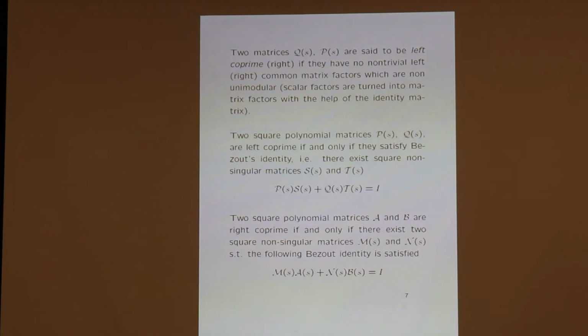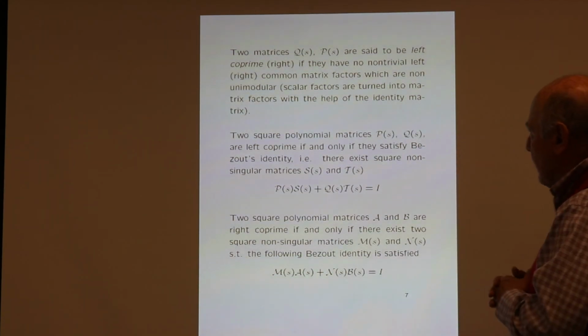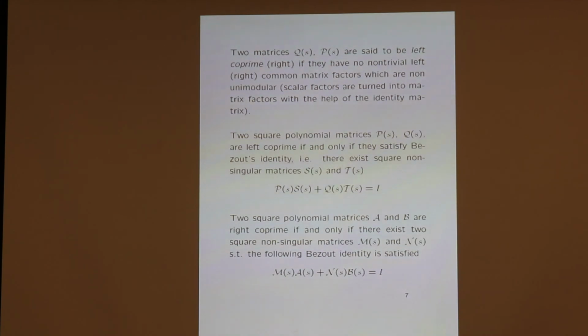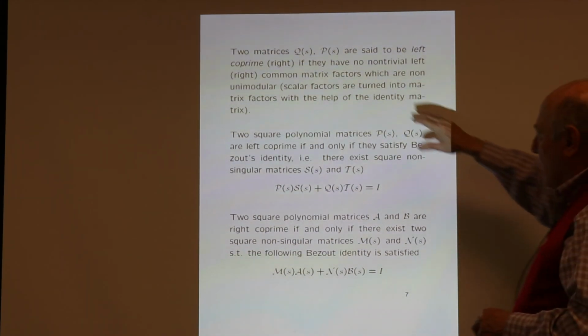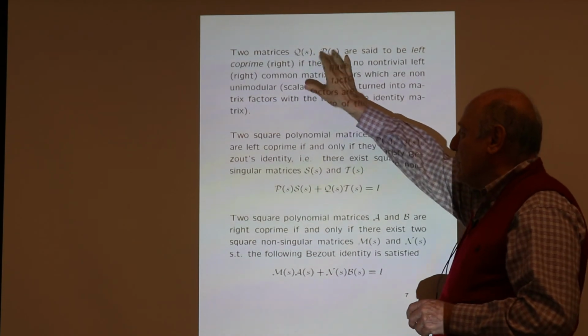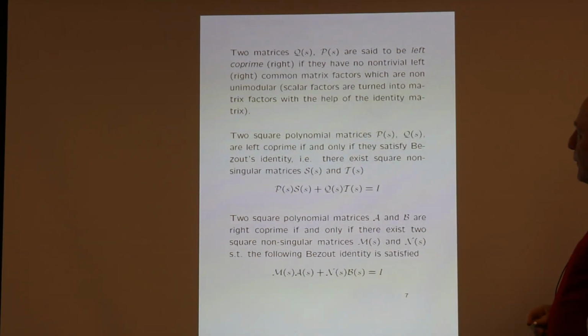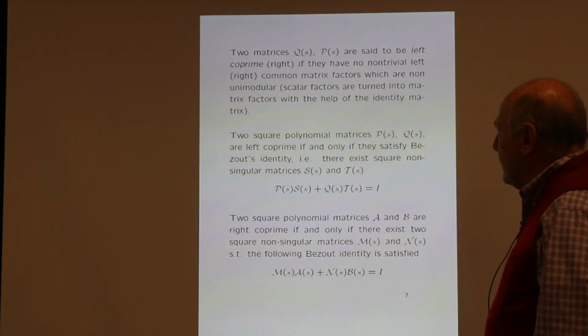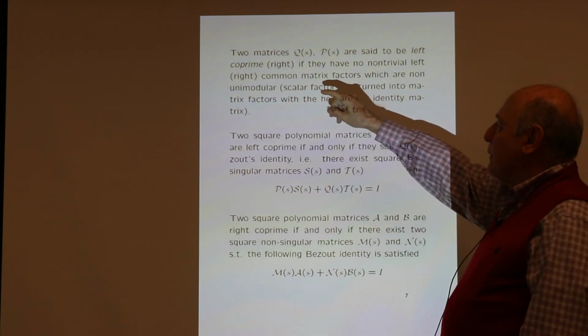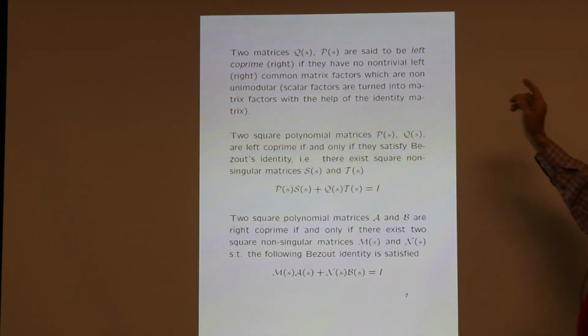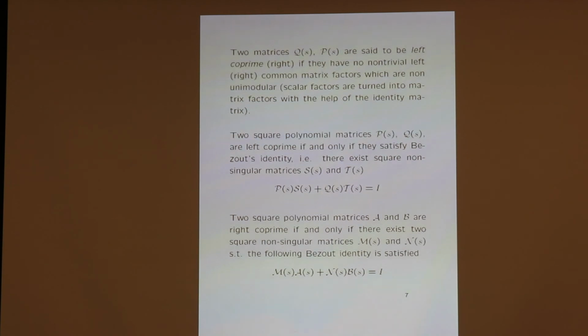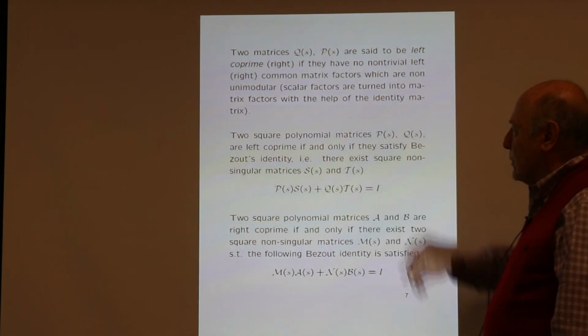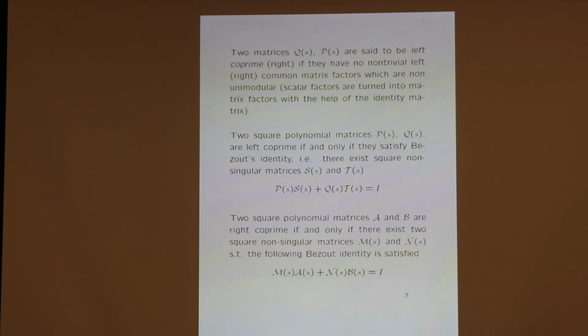This scalar factor spreads out in the diagonal of the identity matrix, and that qualifies as a factor. Well, we're not allowing such a case. So the condition for this to be left coprime or right coprime is that they have no non-trivial left common matrix factors, which exclude, of course, the scalar factors, the so-called trivial factors.